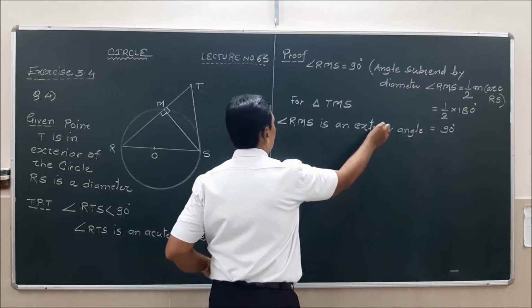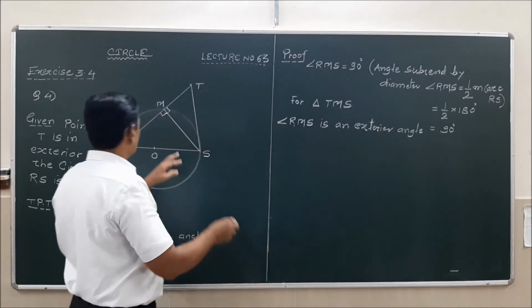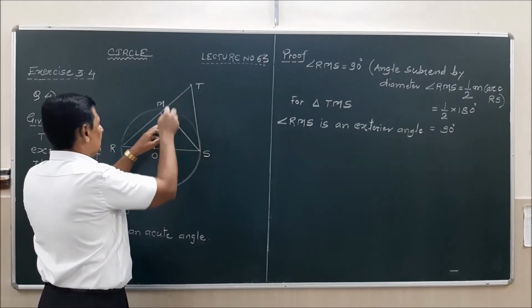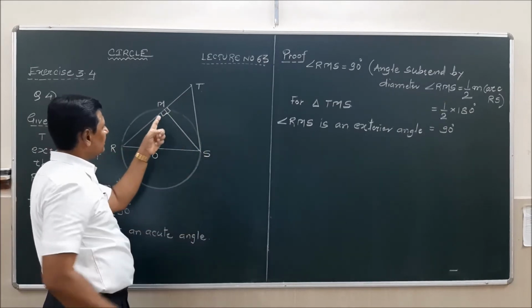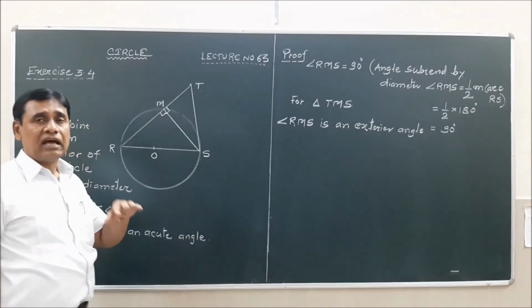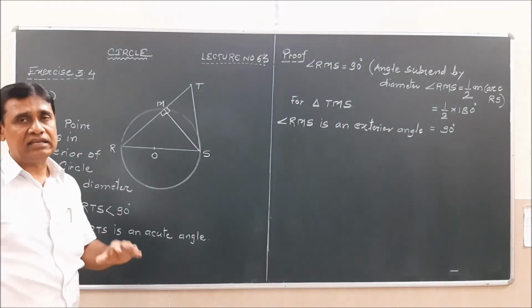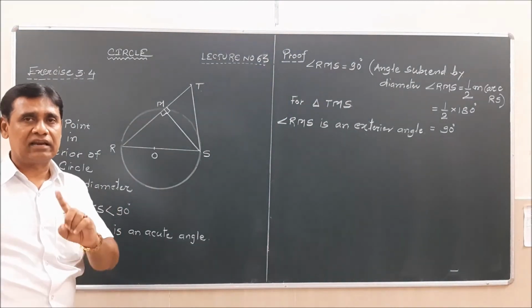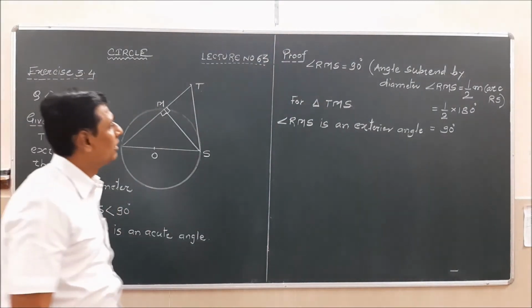Very, very important property: for triangle TMS, angle RMS is an exterior angle. And an exterior angle is always greater than the remote interior angle.